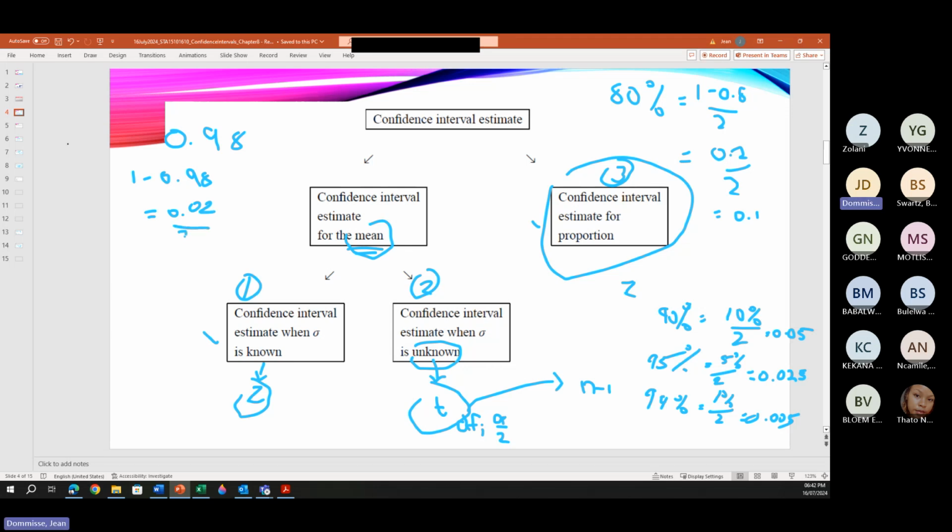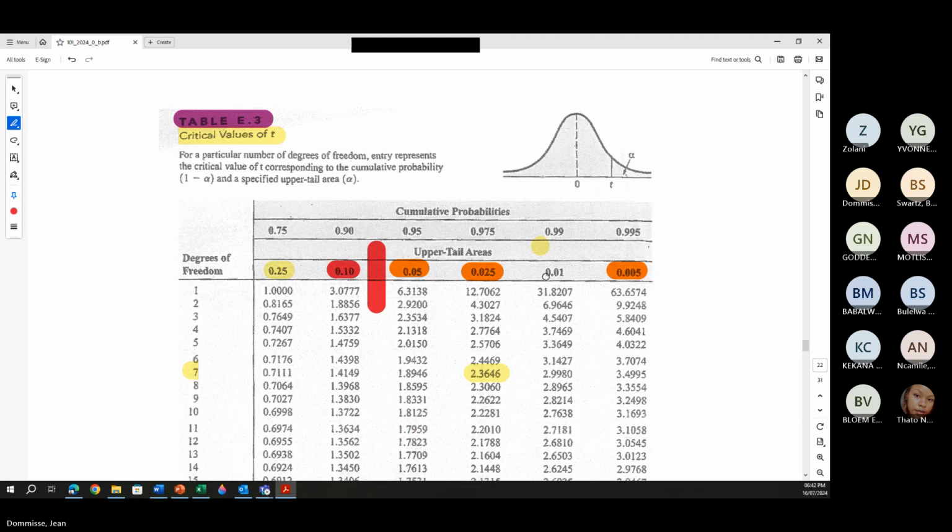If you divided that by 2, it would have given you 0.01. And there is a 0.01. So that is the only things that they can do for you to use the t-table. Nothing in between these values. That will just not happen.